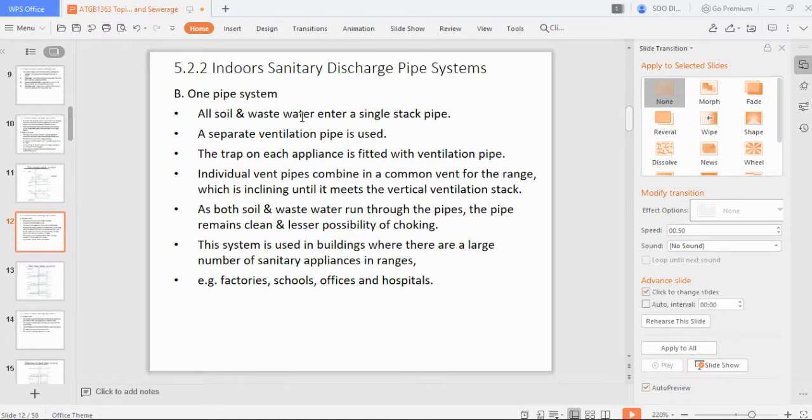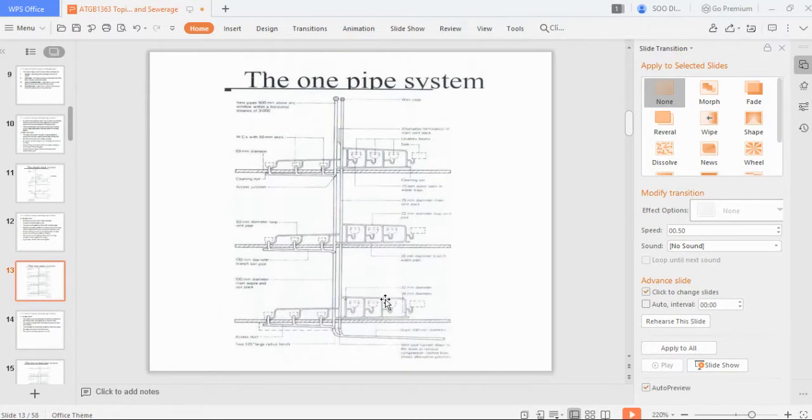All the soil and wastewater enter a single stack pipe, but a separate ventilation pipe is used. So here, although it shows there are two pipes, all this waste is still entering this pipe on the left. But we are installing a vent pipe on the right.